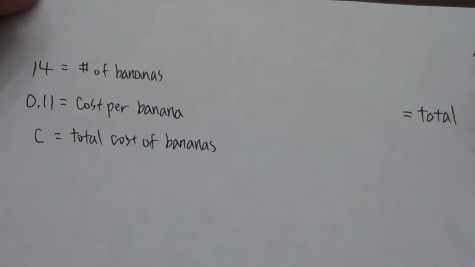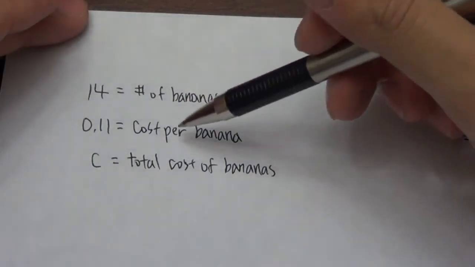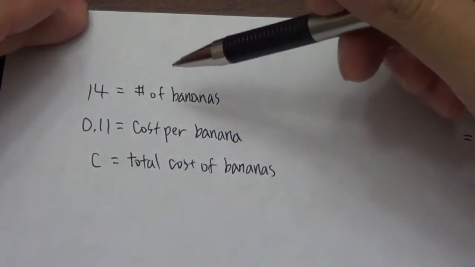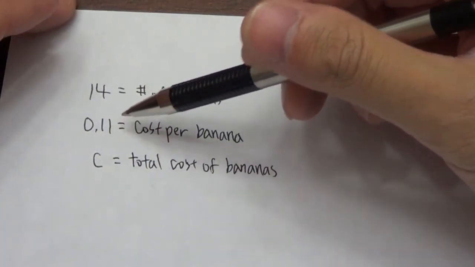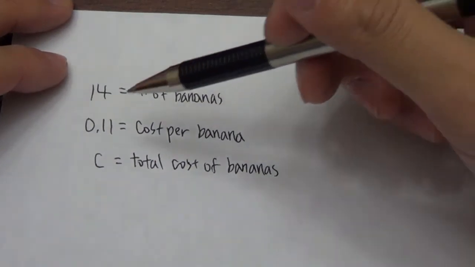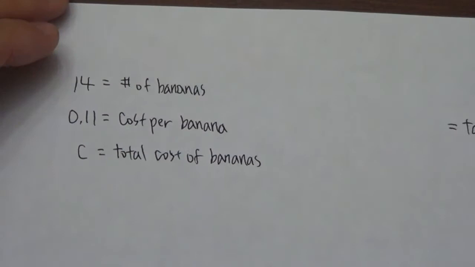So what would make sense to give us a total? Well, I have number of bananas and then cost per banana. Meaning if I buy one banana, it would cost 0.11. If I buy 2 bananas, it would cost 0.22, twice that amount. So that means I should be multiplying.